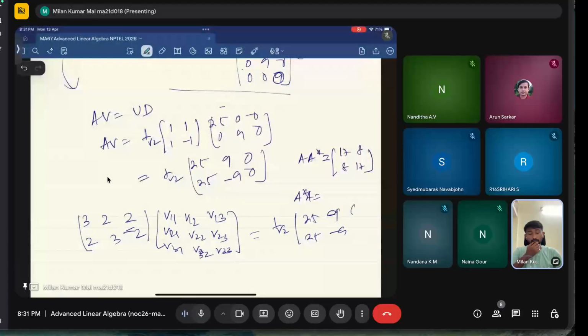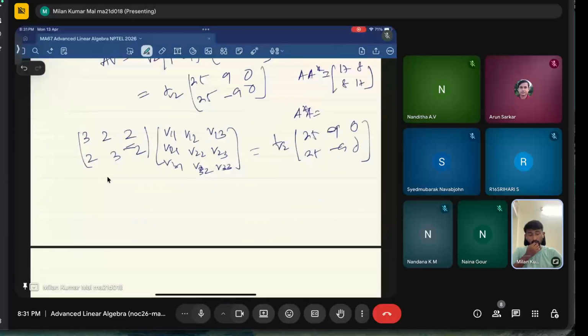So if I multiply A transpose that side, so okay, so basically what we'll have, from here one can also write V transpose A transpose, this is diagonal, so star doesn't matter, same thing, is equal to 1 by square root of 2, 25, 9, 25, minus 9, 0.